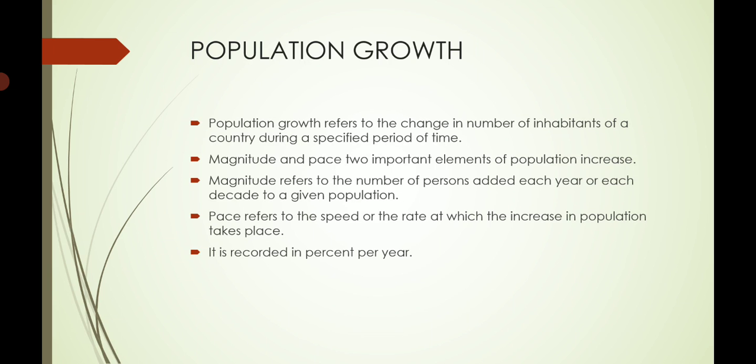Total number of persons added in a given year or in a given decade in that population. Now what is pace? Pace refers to the speed or the rate at which the population increases in a year or in a decade, etc. Both these terms are recorded on a percentage basis.